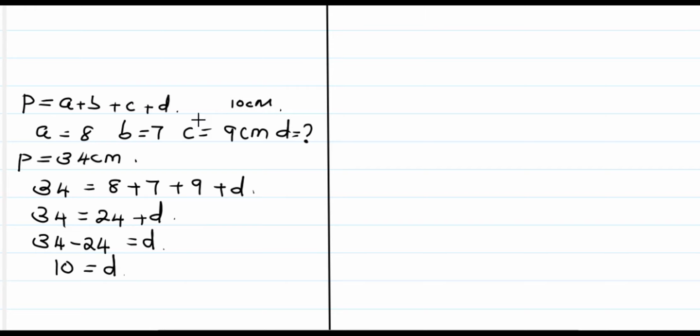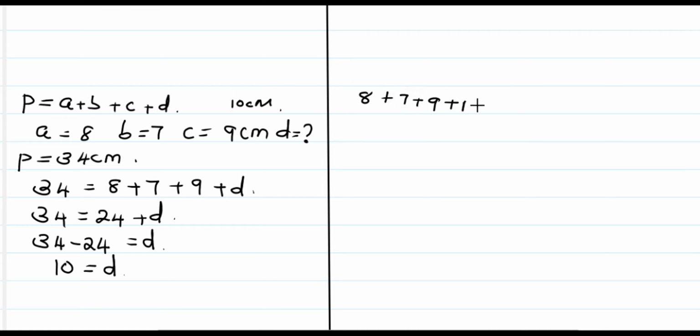So if you take 10 centimeters, let's apply all the values here again. We take A, which was 8 centimeters, then plus B, which was 7, then plus C, which was 9, then plus D, which is 10 now, because we got it there.